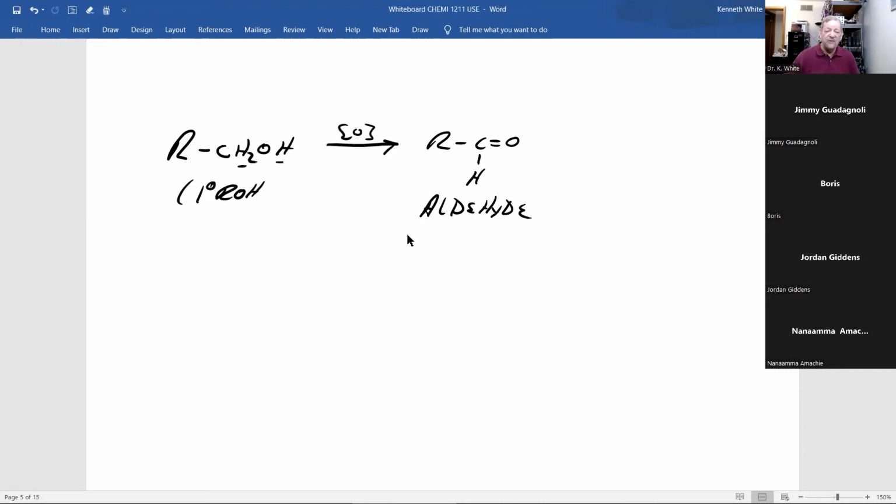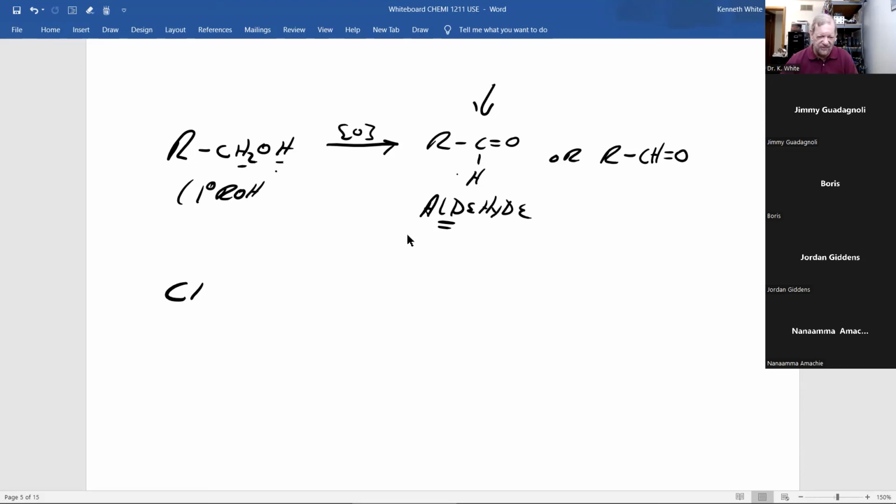And I better warn you, Mother Nature, and especially Dr. White, loves aldehydes. My first US patent dealt with aldehydes, so I like them. And that's what you get. Now, another way of writing an aldehyde, which I like personally, is like this. And these are the same. So whenever you take a primary alcohol and oxidize it, you'll get an aldehyde.